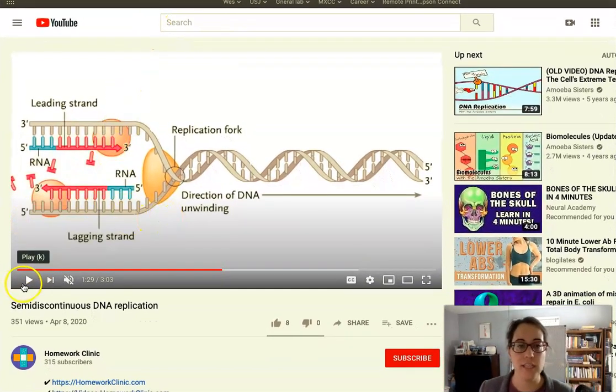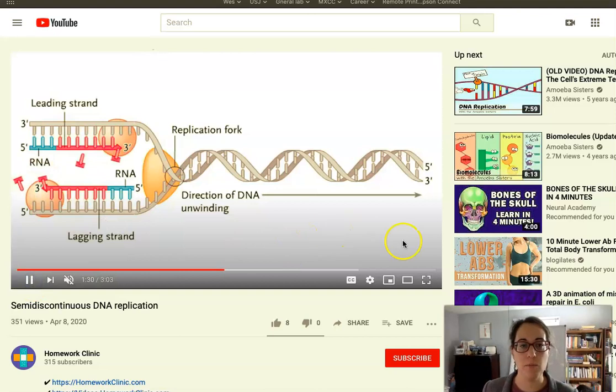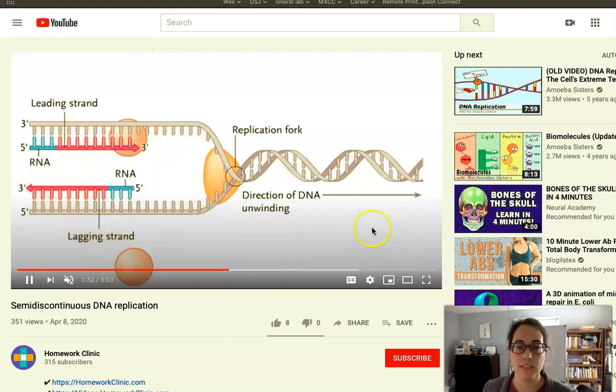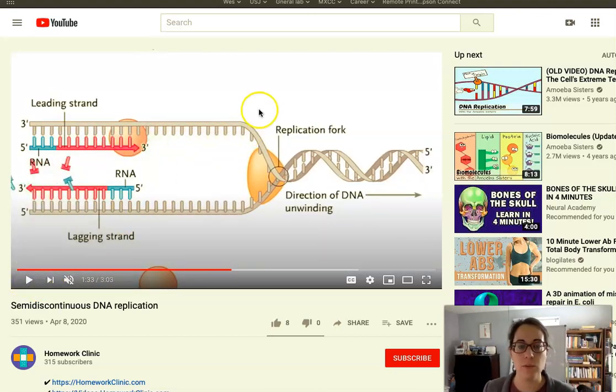And as the helicase opens up more DNA, we're going to see that we have room for the leading strand to be synthesized further by this DNA polymerase, this little red ball. Enzymes are actually more complicated than that, but whatever.